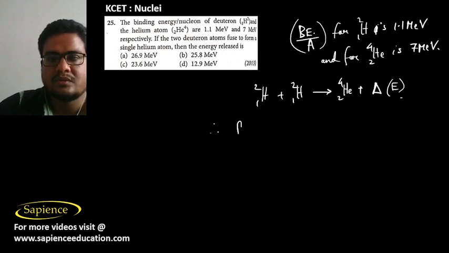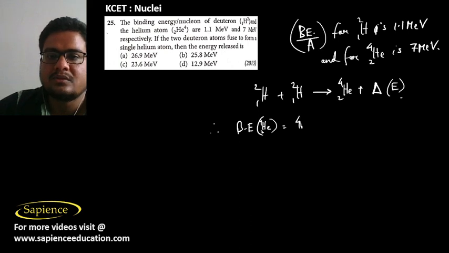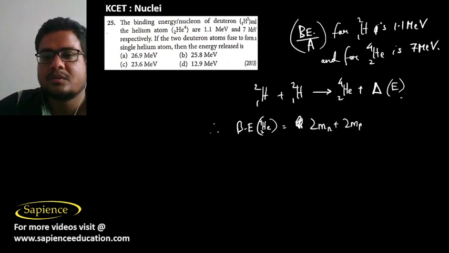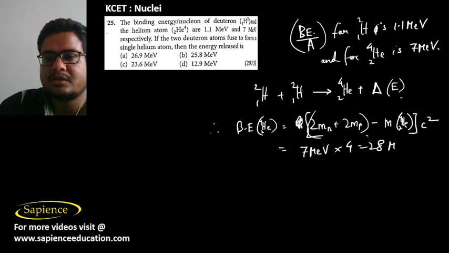So we know that the binding energy of helium is equal to 2 into mass of neutron plus 2 into mass of proton minus the mass of helium, into c square. Binding energy of helium will be 7 mega electron volt into the number of nucleons, that is 4, that is 28 mega electron volt.